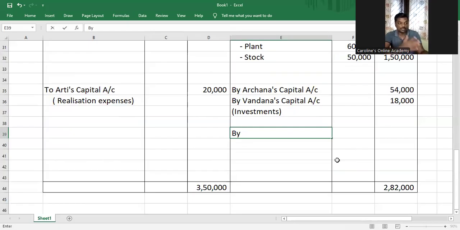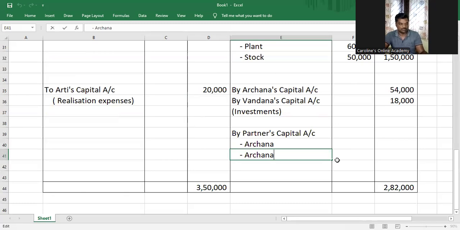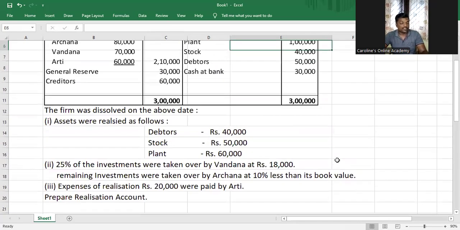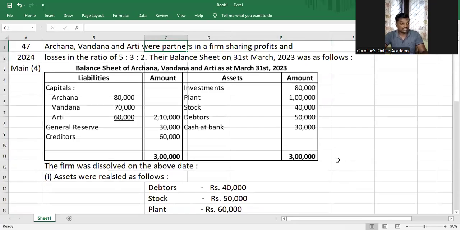In a nominal account, if the debit side is more than the credit side, it's a loss. So the loss will be divided amongst the partners by partners' capital account. And under that we have Archana, Vandana, and Aarti. The profit sharing ratio between Archana, Vandana, and Aarti is given in the question.